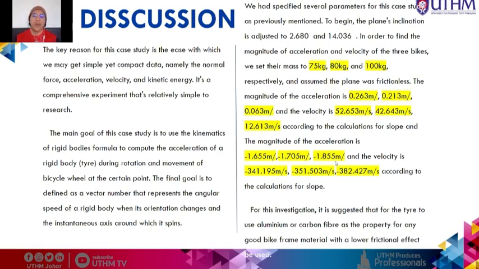And the velocity for the second slope is negative 341.195, negative 351.503, and negative 382.427 according to the second slope calculation.